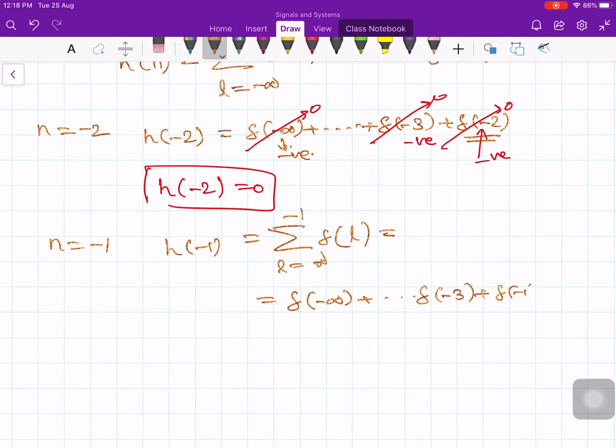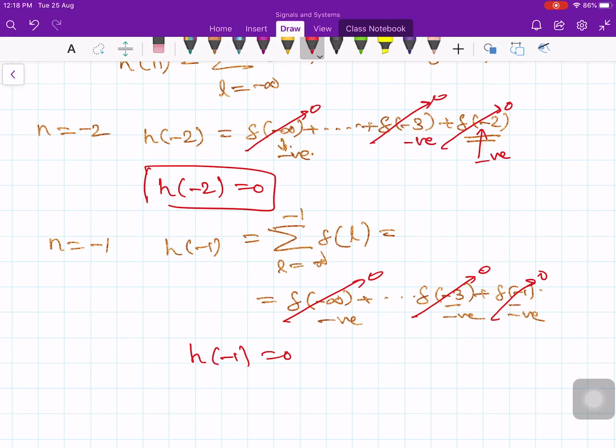You stop at del of minus 1, right. Again the arguments are negative here, here, and here also. Therefore, all these terms lead to 0. So h of minus 1 is also 0. Similarly, you can find h of minus 2, minus 4 like that; these are all zeros.